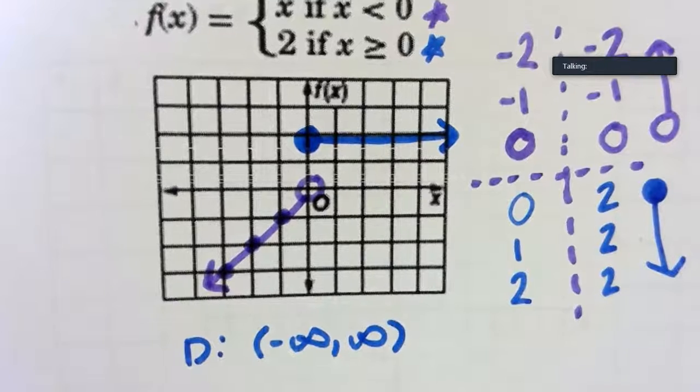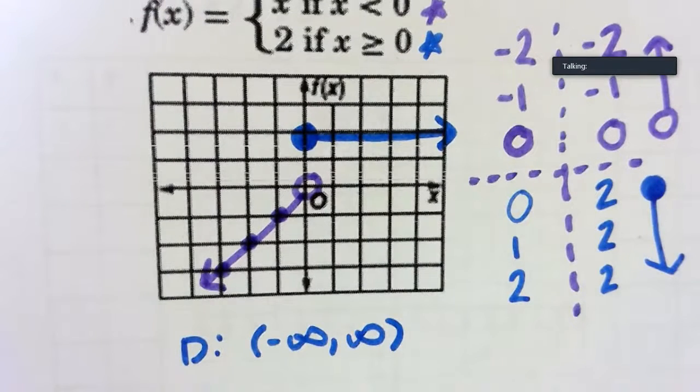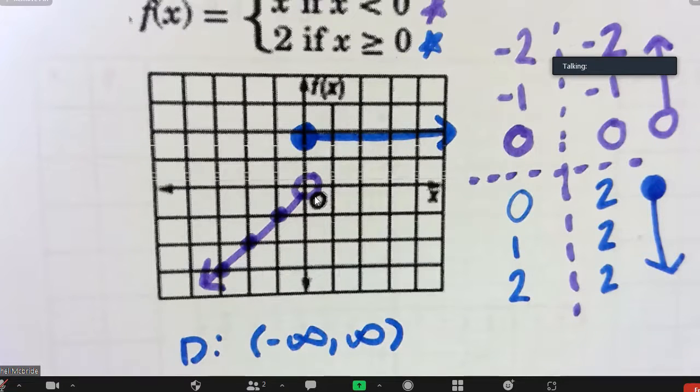Essentially, this graph is getting really close to (0, 0), but it never gets there. So the open circle is an implication that the graph is getting there, and then boom, it stops. That's why you need that open circle, because you have to show me if you stopped it at (-1, -1), you lose all those values from -1 to 0.